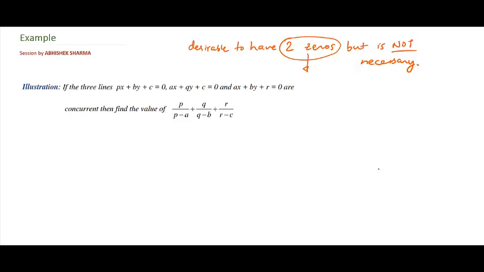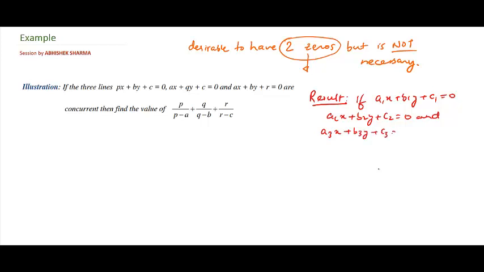So this particular problem that we are going to take now, which is an actual JEE question, requires a basic notion from your concept of straight lines. I am using this result directly, which is from class 11th: if the three lines a1x plus b1y plus c1 equal to 0, a2x plus b2y plus c2 equal to 0, and a3x plus b3y plus c3 equal to 0 are concurrent, then this determinant becomes 0.